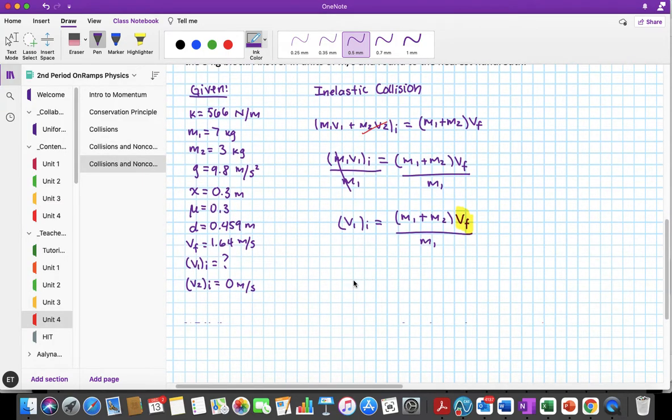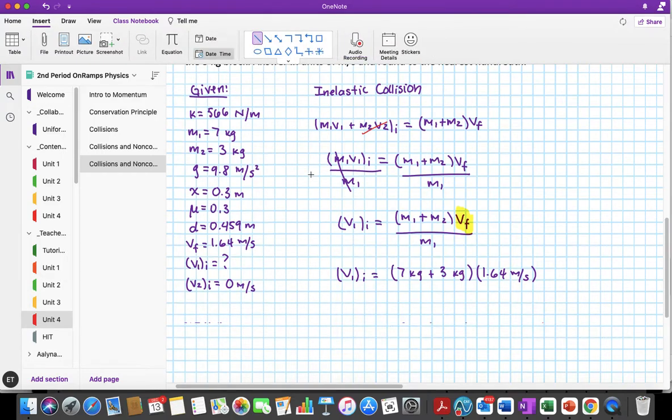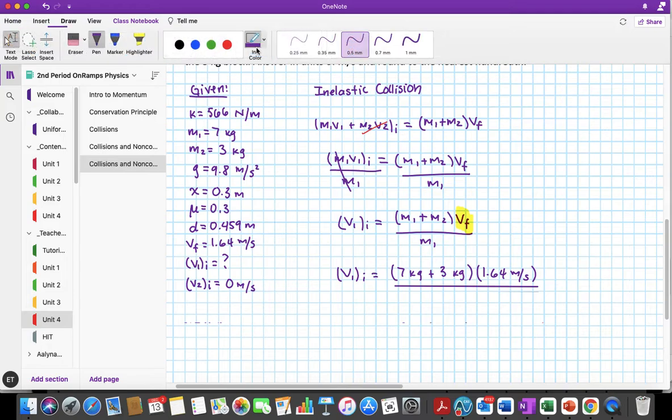So now we just substitute. Velocity 1 initial equals 7 kilograms plus 3 kilograms times 1.64 meters per second, divided by mass 1, which is 7 kilograms.